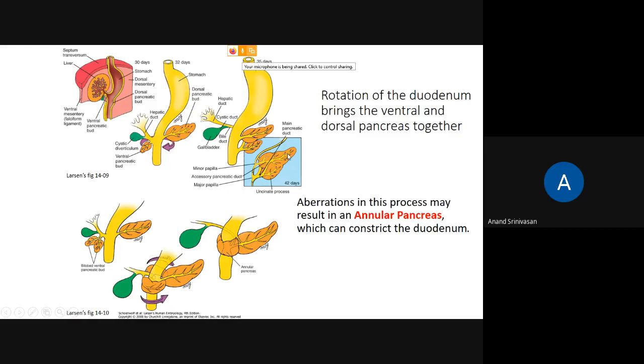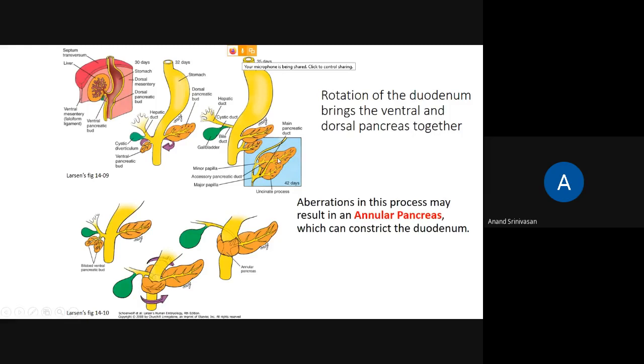And what happens? The dorsal pancreatic duct secretions get towards the ventral pancreatic duct. This ventral pancreatic duct joins with the common bile duct, and then they open into the major papilla.